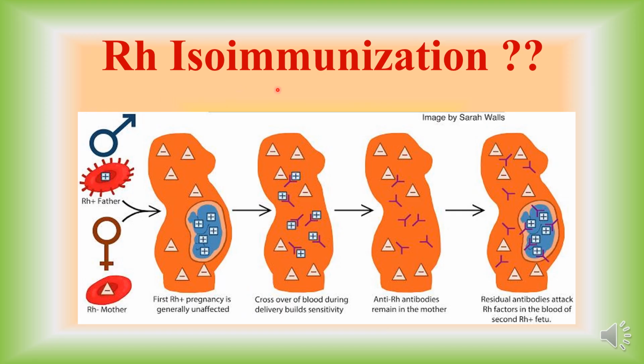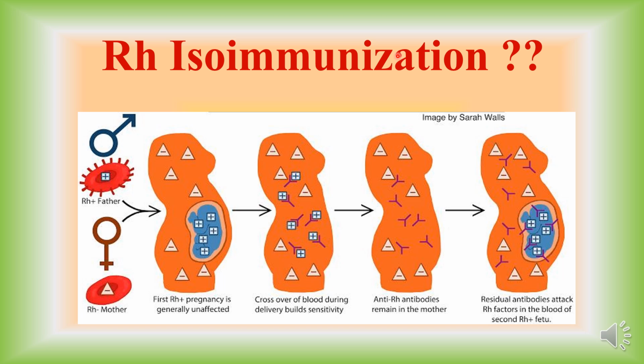Now we come to one more property of immunoglobulin G and one more phenomenon which is known as isoimmunization, and this Rh isoimmunization is known by another name which must be familiar to you, and that is Rh incompatibility.